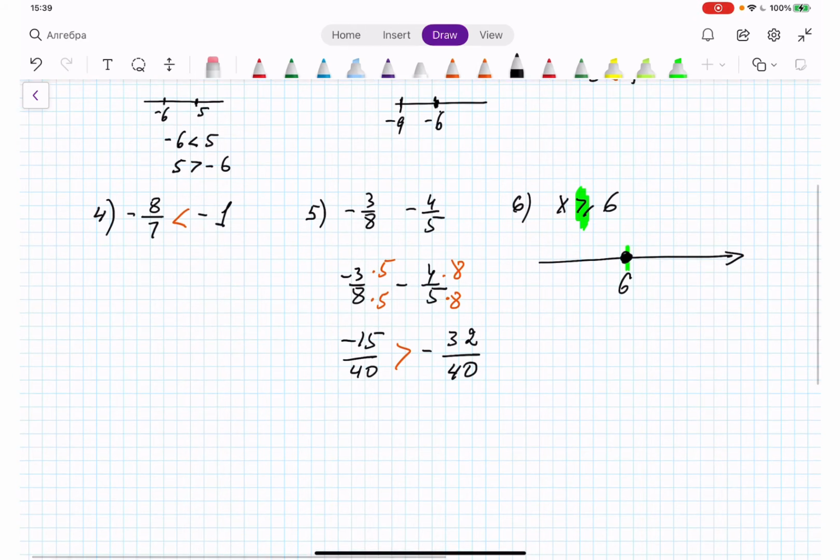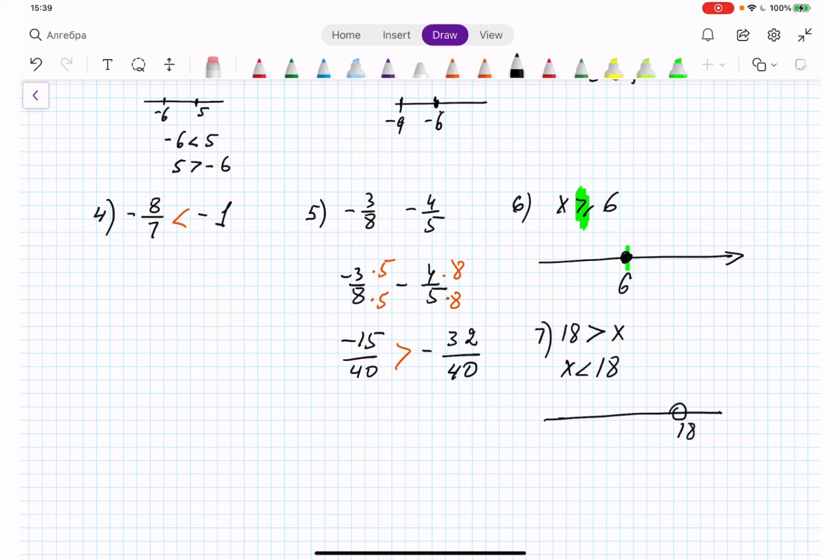Okay? Next one. Number 7. Let's see what we have for number 7. We have 18 greater than x, which means x is less than 18, right? So if this is our 18, let's say, we don't make it solid because the equal sign here is missing. This is how we identify on the number line whether the equal sign is included or not.